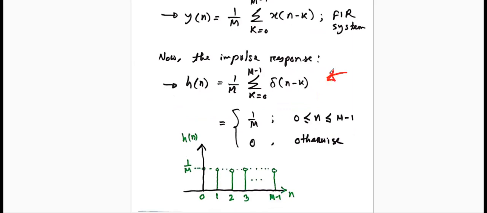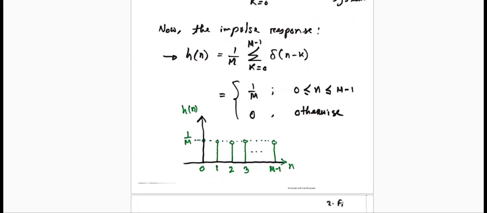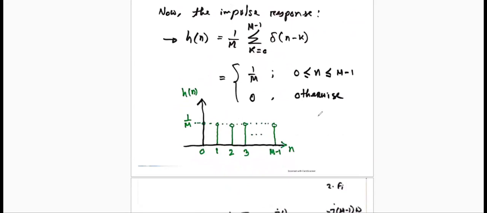Now this is the system. The system has been defined by the system definition, and from the system definition you can write the impulse response very quickly. And this impulse response gives you the response of the total system. So according to the time domain sequences, we can draw this h[n] like this.